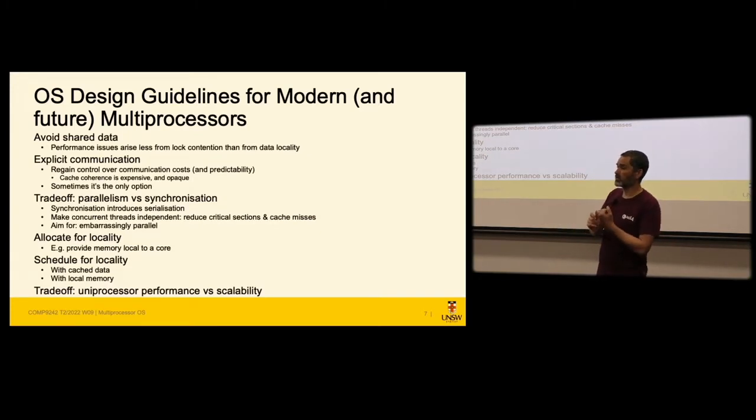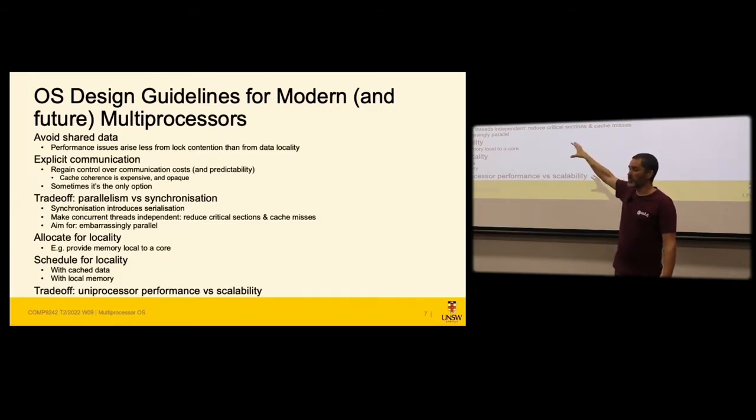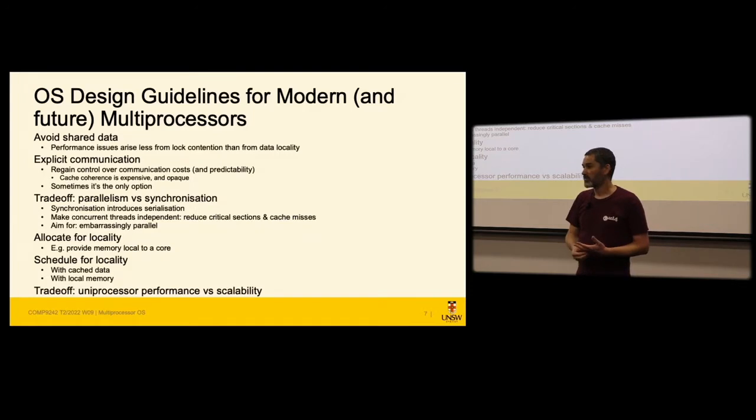So A, that adds complexity, but B, that also affects performance. And so if you're going to be running OS software or any software that's optimized for a multiprocessor system on a single core, then you're going to be doing a whole bunch of work for nothing. So you need to understand that doing all this scalability work does have a cost to it.